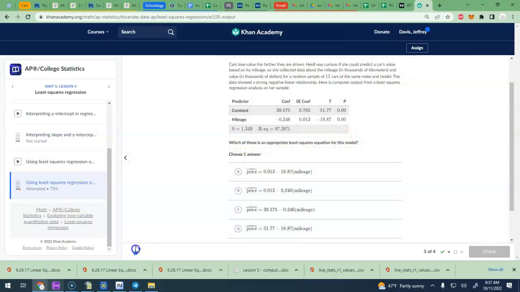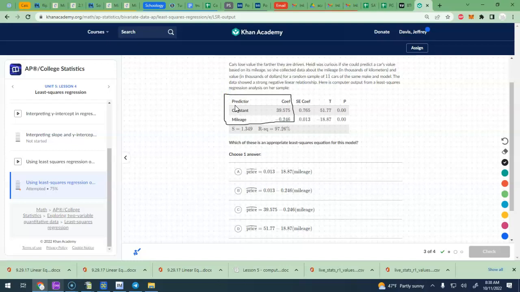Alright, similar idea here. So all that matters, let's just box around what does matter. All that matters is that. So what is your x variable in this scenario? Mileage. So you could probably do this without reading the question if you just look at the answers. What's the y variable?